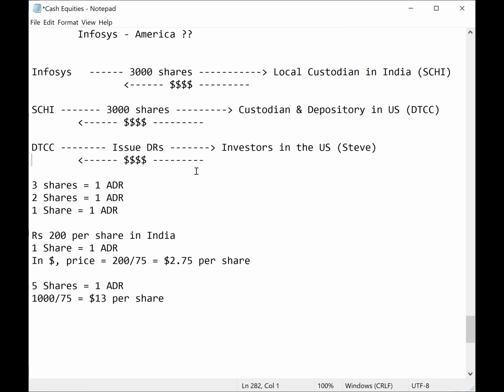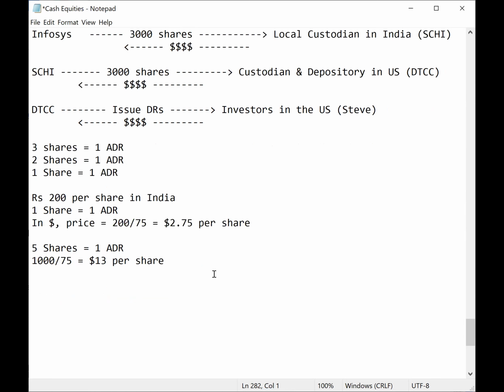Whereas if you invest in the sponsored ADRs, which are issued by the company itself, you get all the rights: dividends, voting rights, ownership, everything. But in unsponsored ADRs, you would not get that. And unsponsored ADRs would be traded over the counter, whereas sponsored ADRs would be traded on the exchange. Okay, please write it down, guys, if you have any questions.